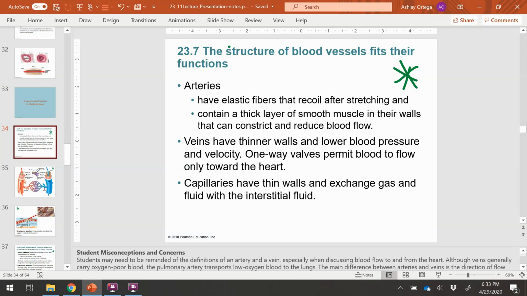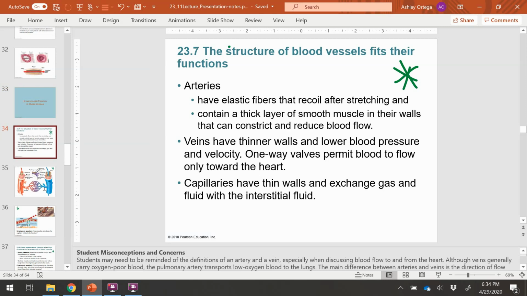Veins have thinner walls and thinner muscle, but they have other ways to get blood to return back to the heart against the force of gravity in our lower extremities, and that's through one-way valves.